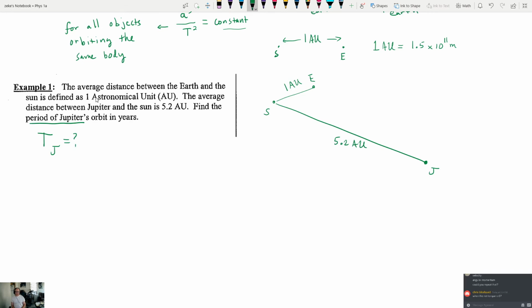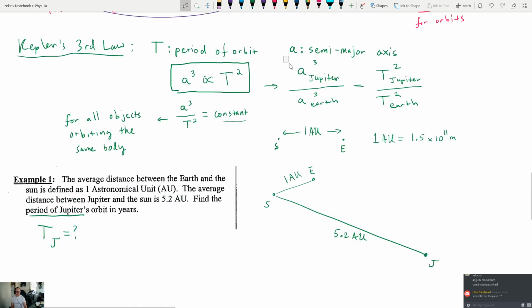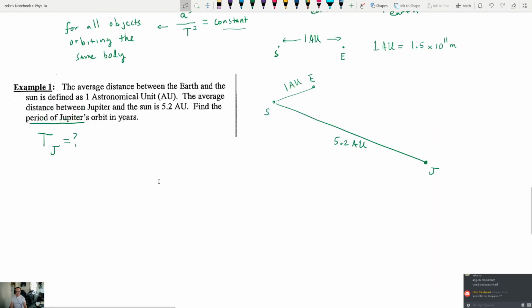So for this, we are going to use this equation that I just wrote down here. Kepler's third law says that this relationship should be true. If I take the semi-major axis of Jupiter cubed, divide by the semi-major axis for Earth cubed, it should be equal to the period of Jupiter squared over the period of the Earth squared. And we're trying to find this answer right here. So let's rearrange things a little bit.